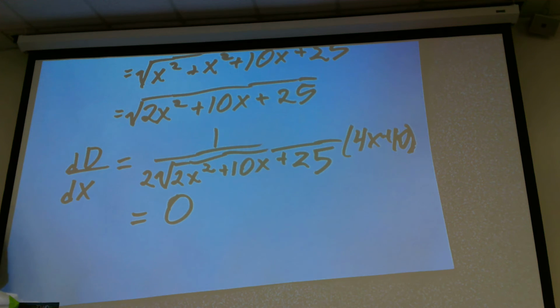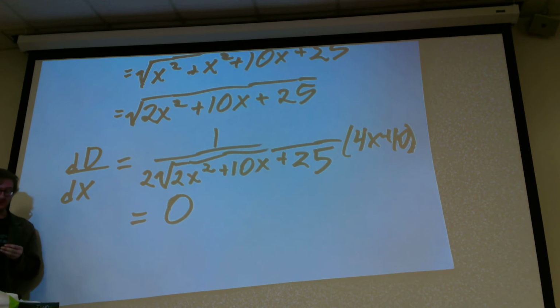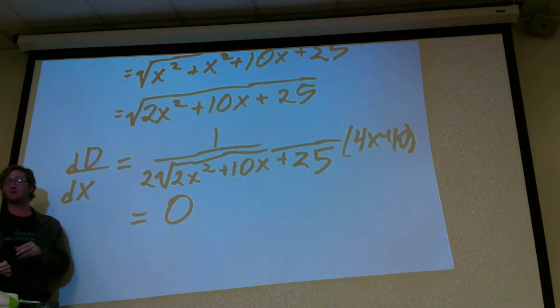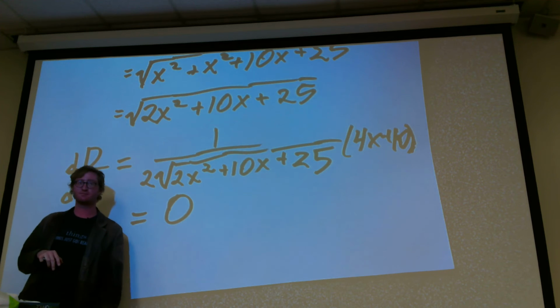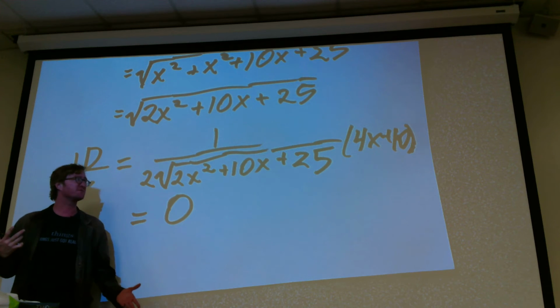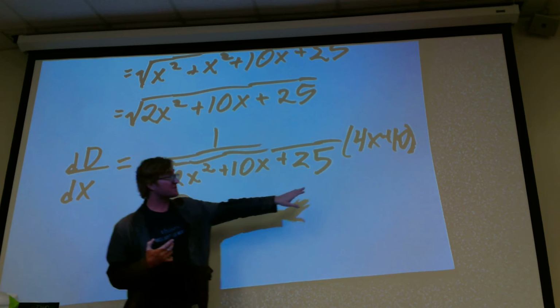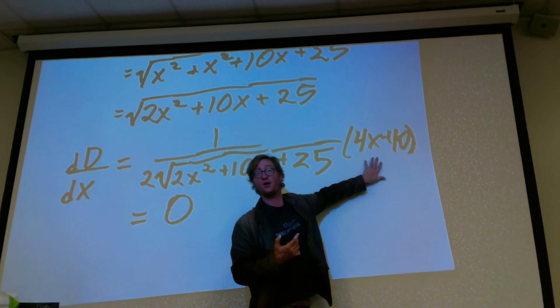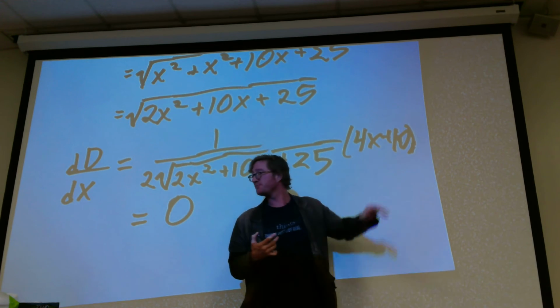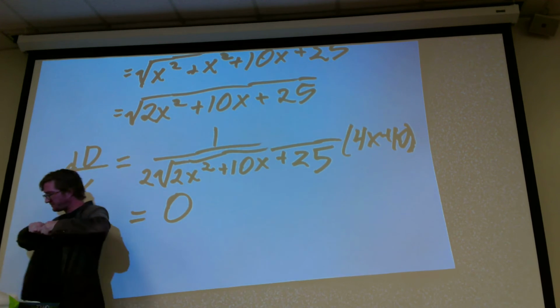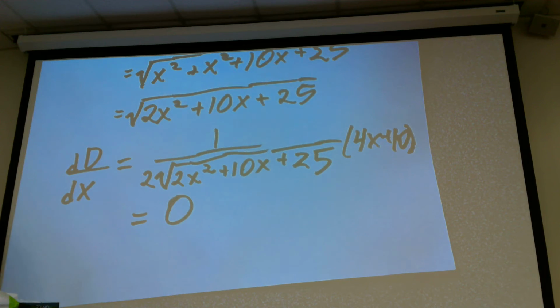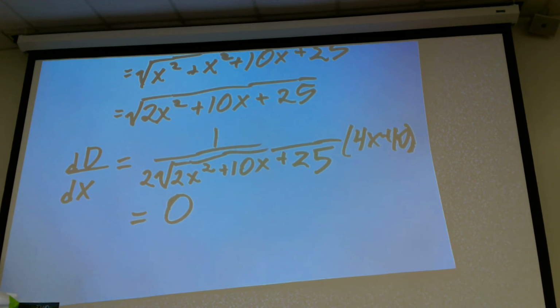Now, when you're doing this problem, you're not setting the bottom to 0. Remember, if you have a constant divided by 0, it's going to tend towards plus or minus infinity. That's not what you're setting equal to 0. What you're setting equal to 0 is this quantity right here.